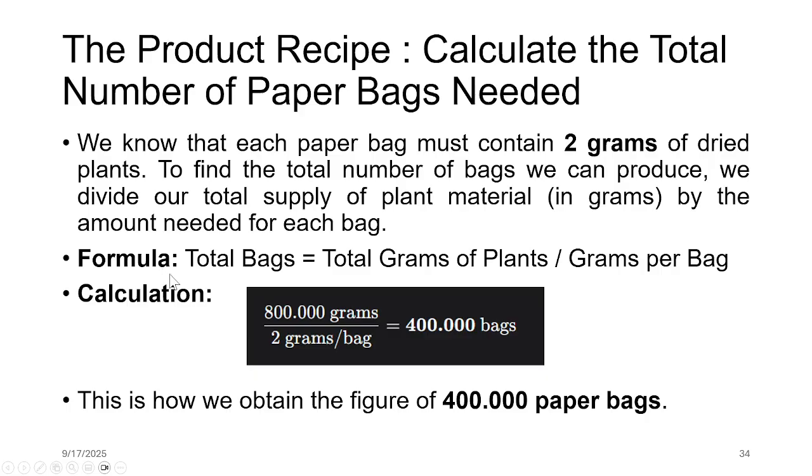Here we use the following formula: the total bags equal the total grams of plant consumed divided by grams per bag. This equation shows you how we obtain the figure of 400,000 paper bags.